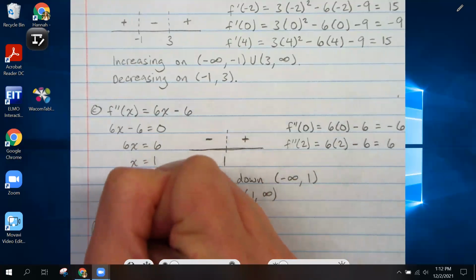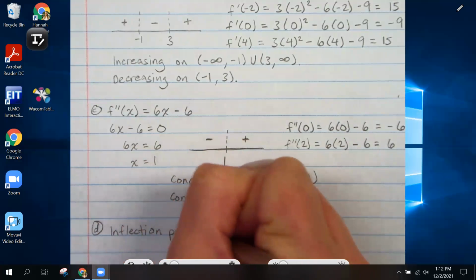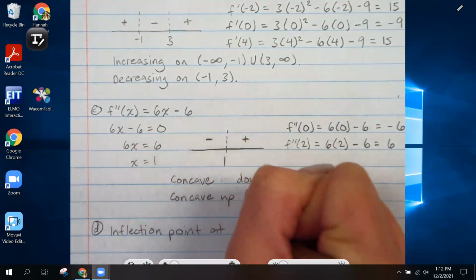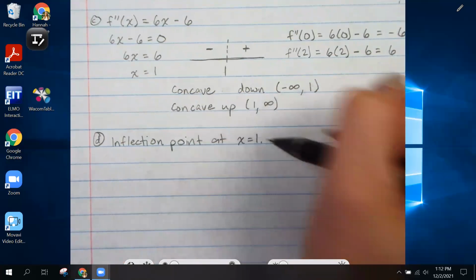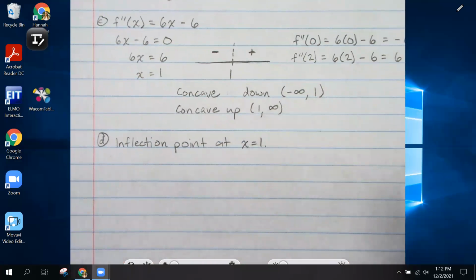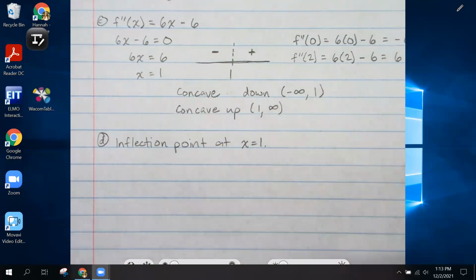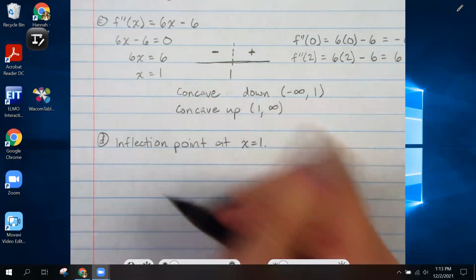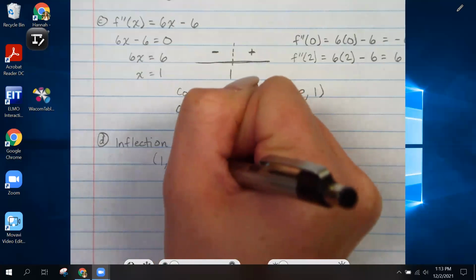So we've got an inflection point at x equals 1. Again, I don't know if she's going to want the actual x and y coordinates for this point, or if x equals 1 is sufficient. If you do want to find the y coordinate for this, you need to go all the way back to the original function, and you get a point of 1, negative 16.